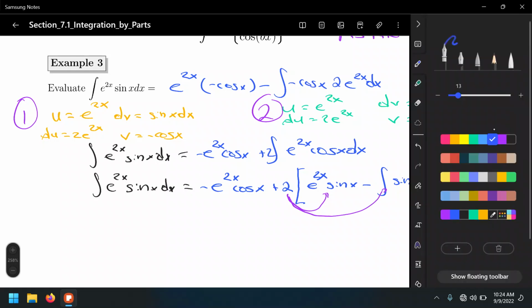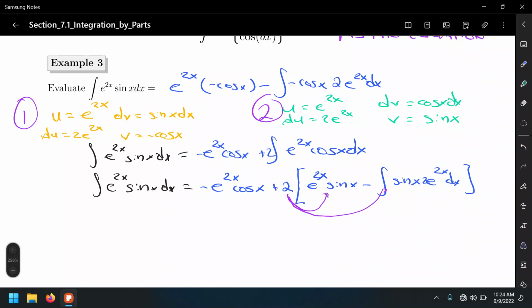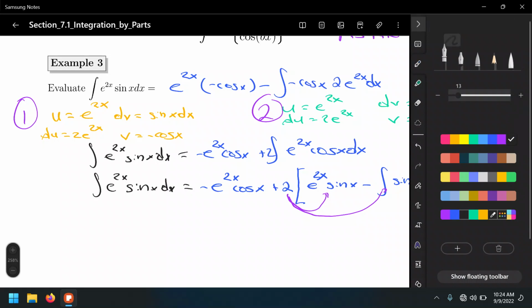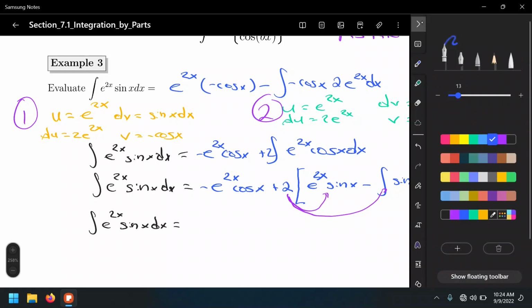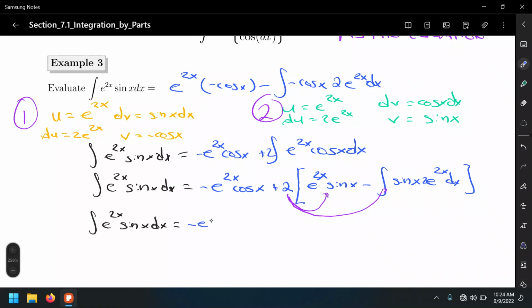Alright, so number 1. That's the integral of e^(2x) sin x dx, which equals negative e^(2x) cos x plus 2 times the first term inside of the brackets.